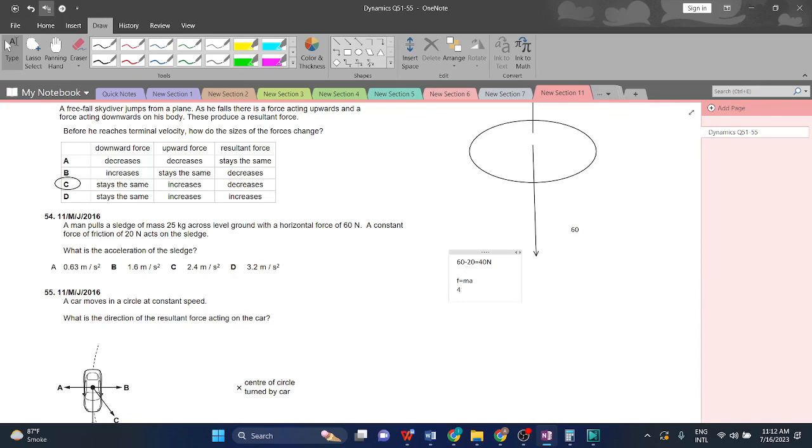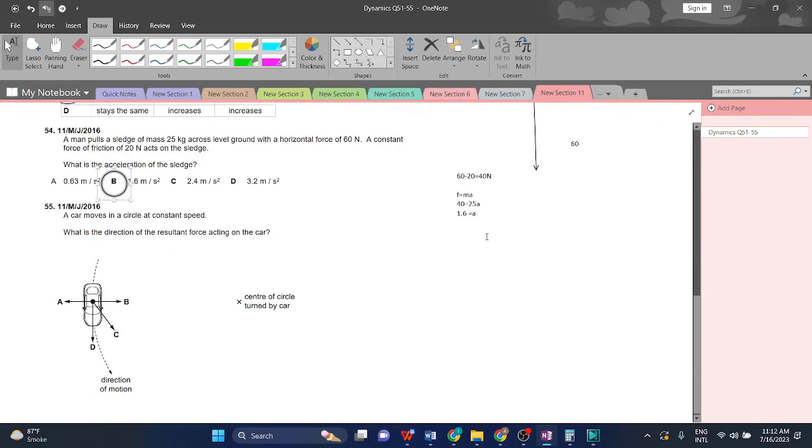F आ जाएगा 40 न्यूटन्स विच इज द रिजल्टेंट फोर्स, m आ जाएगा 25 विच इज द मास, और a हमें ढूंढना है. यहाँ मल्टीप्लाई हो रहा है 25, वहां जाके डिवाइड हो जाएगा, द आंसर विल बी 1.6 meters per second square. 1.6 is A. Acceleration is 1.6 so answer is B.